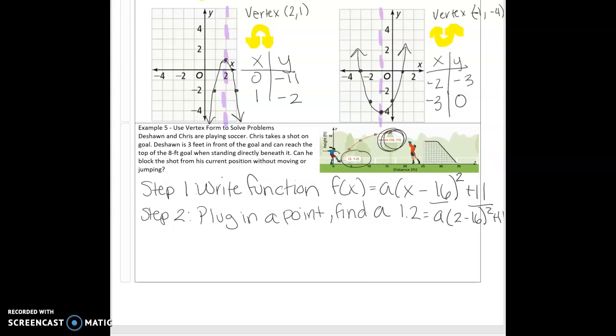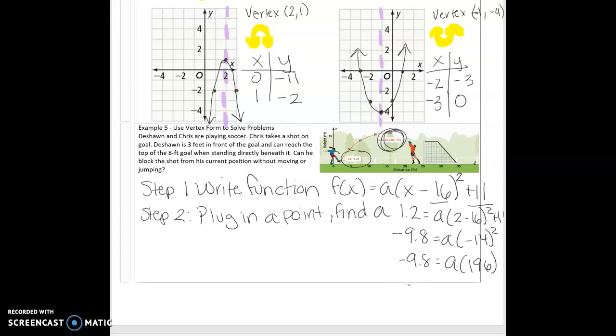And then go ahead and reduce all of this. So we're going to be left with minus 11 on this side, which gives us negative 9.8, and then a times negative 14 squared.